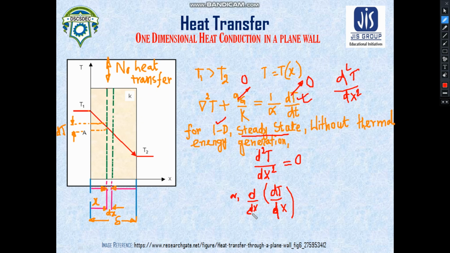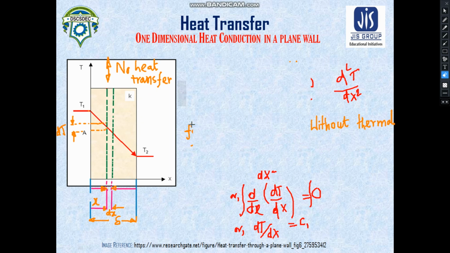So if we express this one like this, then if we perform integration on both the sides, it is obvious that we will end up with this result. So dT/dx, after integration, becomes equal to C1, which is obviously an integration constant.